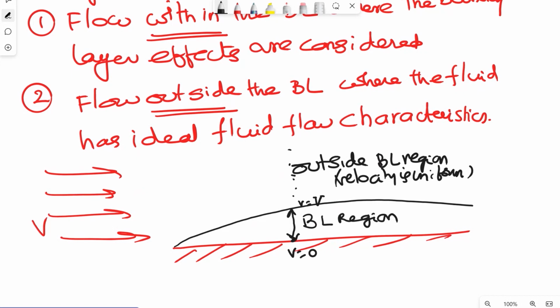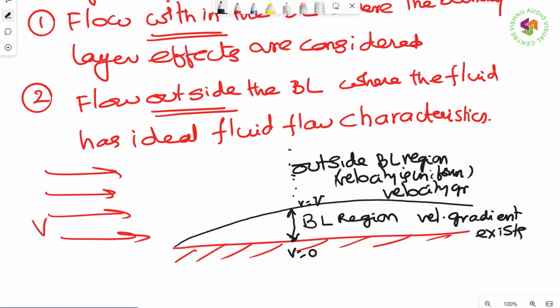That means within the boundary layer, when the velocity is changing from 0 to V, a velocity gradient exists because there is a change in velocity. Outside the boundary layer, the velocity is uniform, everywhere constant, so the velocity gradient is equal to 0. When the velocity gradient is 0, what is tau? Tau is equal to mu into dv by dy.